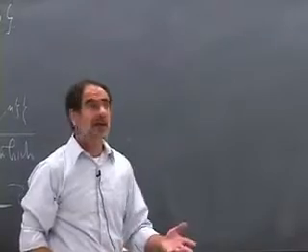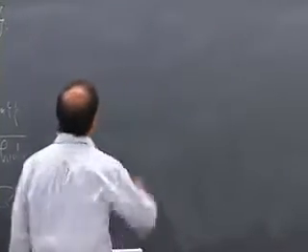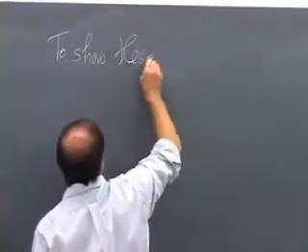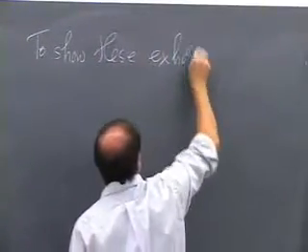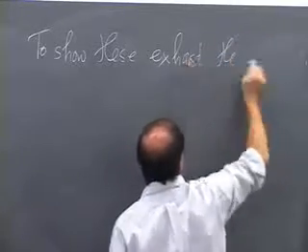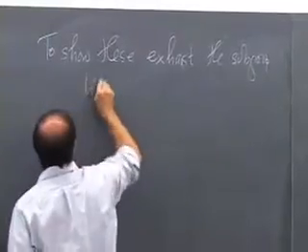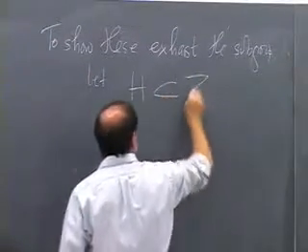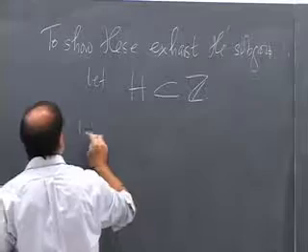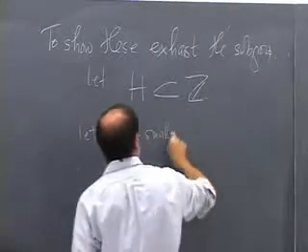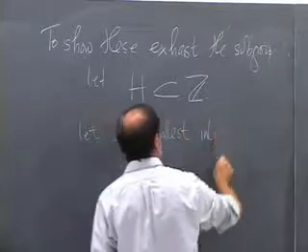So to show that these are the only possible ones, we're going to use a trick that goes back to book 5 in Euclid. So to show these exhaust the subgroups, let H be a subgroup of Z, and let B be equal to the smallest integer.